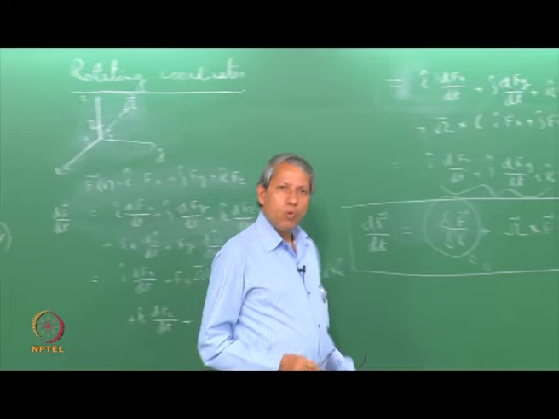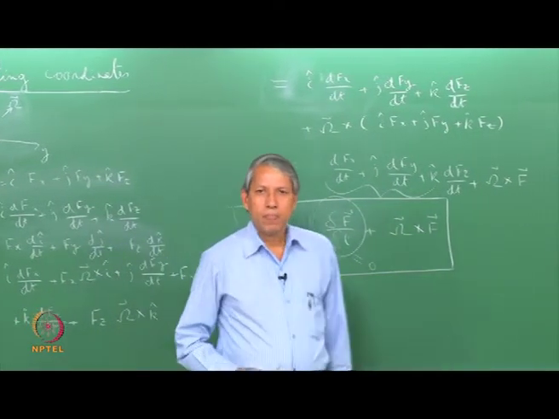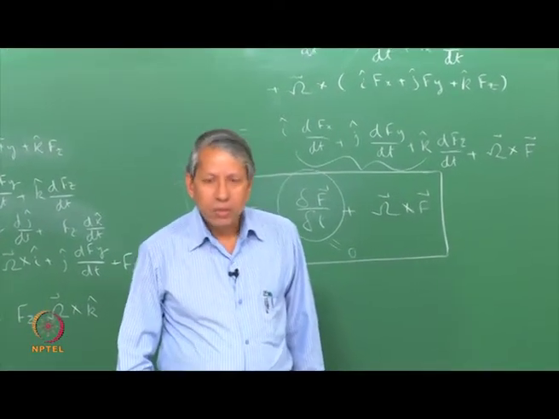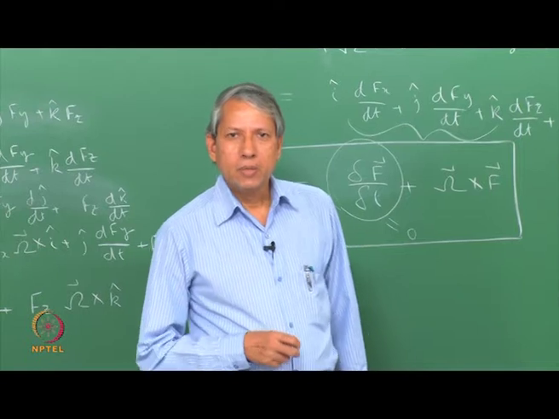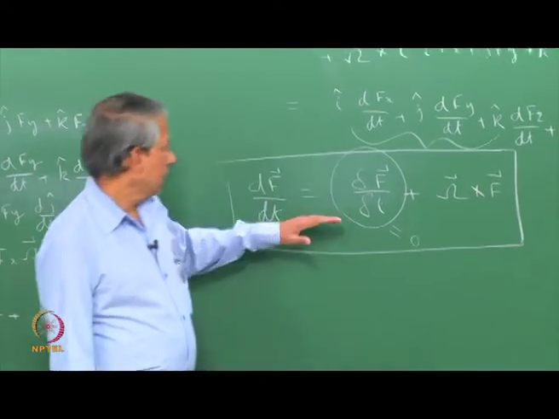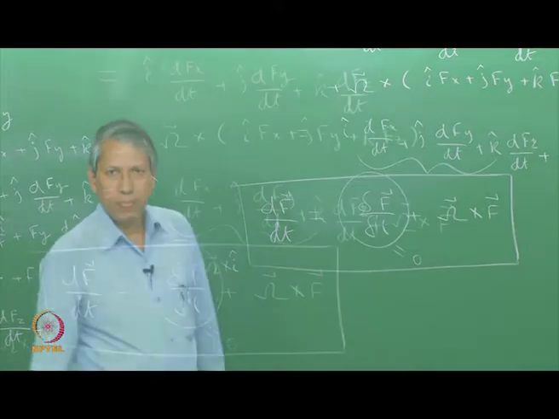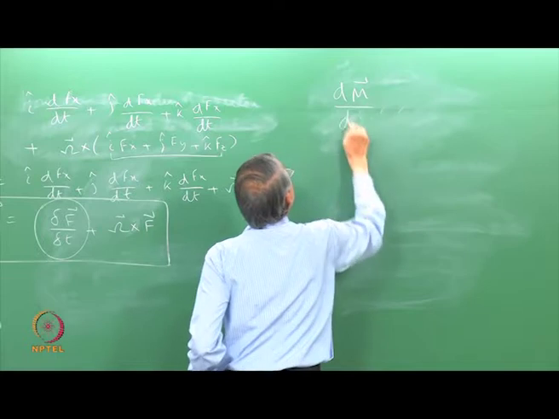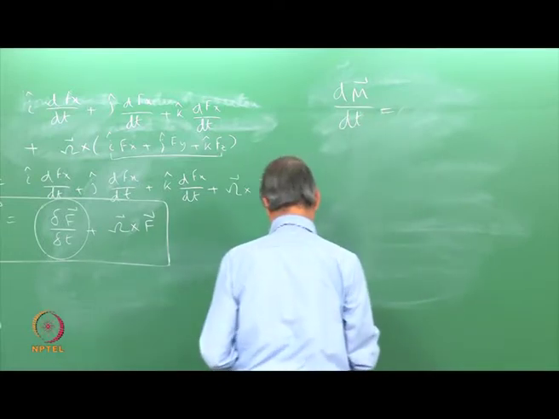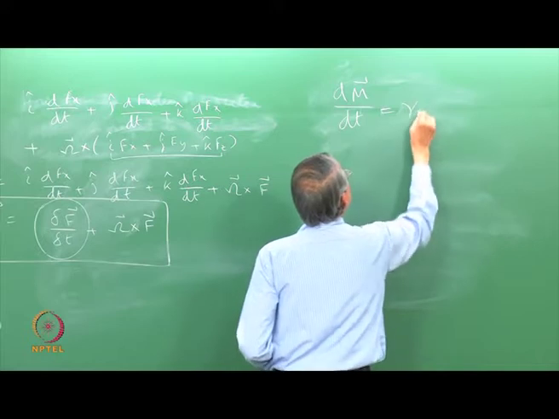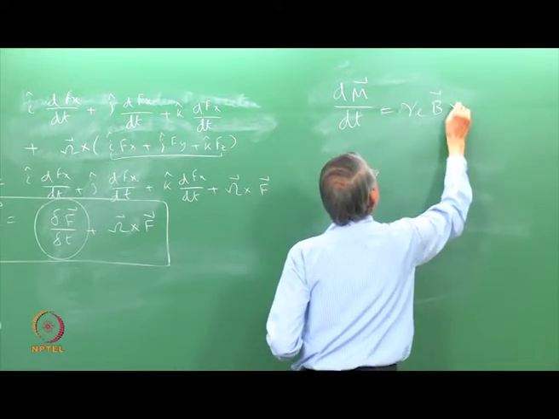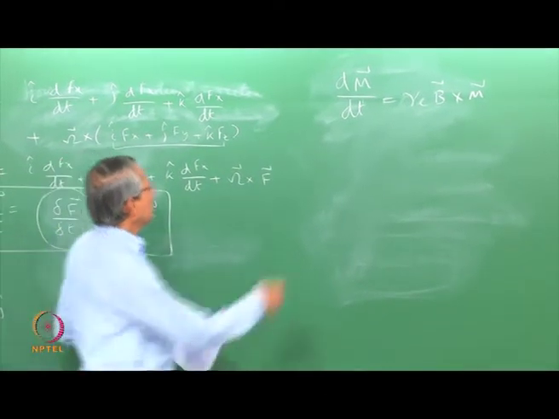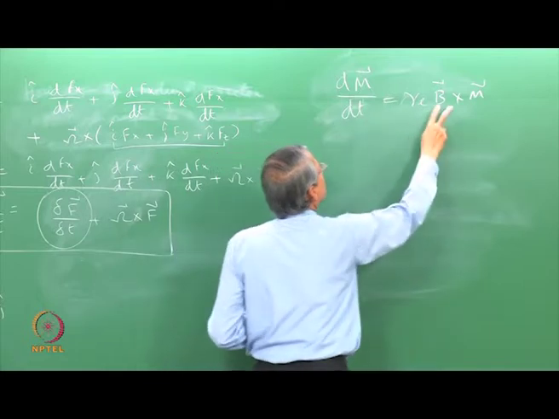From here now we will try to see how the magnetization can be written in terms of a rotating coordinate system, and its time dependence can be derived in exactly the same analogous fashion. This is the differential equation relating the rate of change of magnetization in the presence of a magnetic field here.